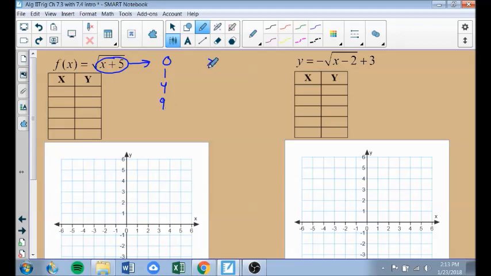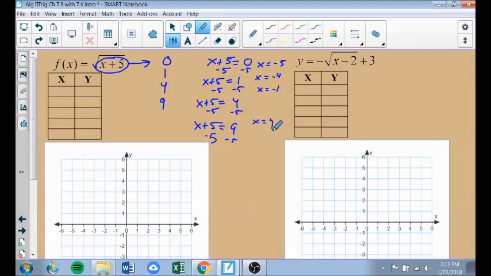So I actually set up 4 equations. x plus 5 equals 0, x plus 5 equals 1, x plus 5 equals 4, and x plus 5 equals 9. And I solve those 4 equations, subtracting 5 each time. I'll get x equals negative 5, x equals negative 4, x equals negative 1, and x equals 4.